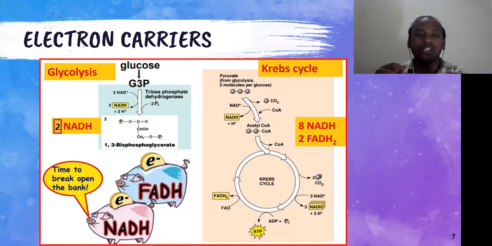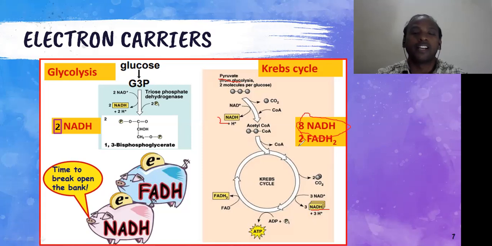In this reaction, each pyruvate generates one NADH, so two molecules of pyruvate produce two NADH. In the entire citric acid cycle, 3 NADHs are produced per acetyl-CoA, and since 2 acetyl-CoAs are produced, definitely 6 NADHs are produced. 6 plus 2, total 8 NADHs are produced, and 1 FADH2 for one cycle of the acetyl-CoA, so total 2 FADH2 are produced.